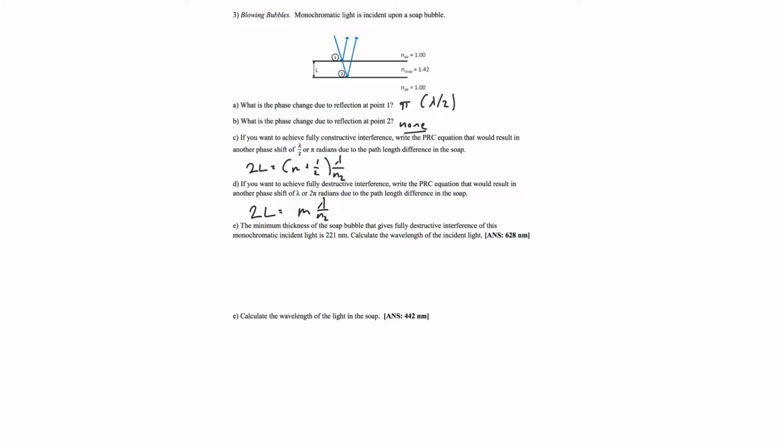Okay, so for part E, we're told that the minimum film thickness that gives us fully destructive interference is 221 nanometers. And so we have to apply the correct equation here. This is the one that gives us fully destructive interference. And then we just need to choose the correct M. So M equals 1 is the minimum.